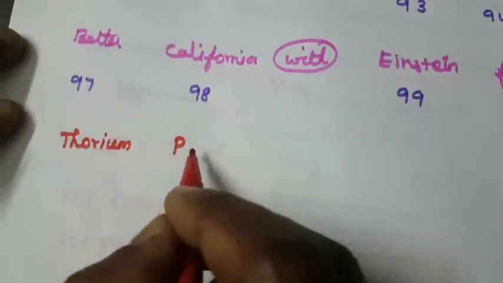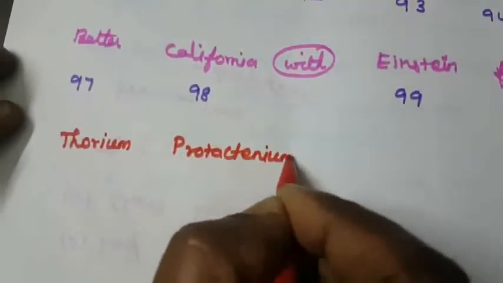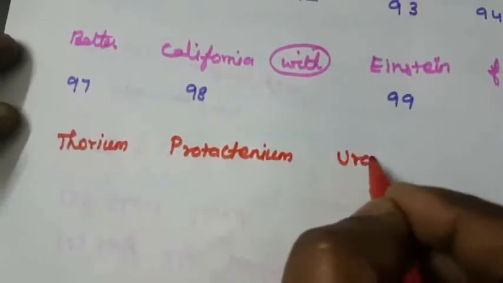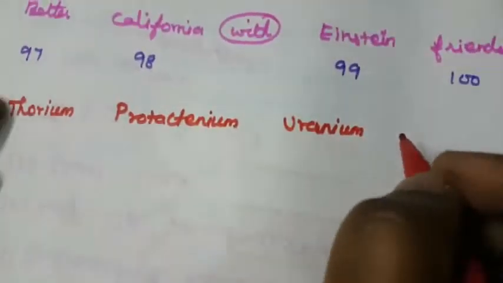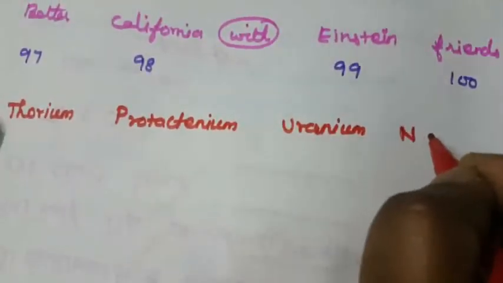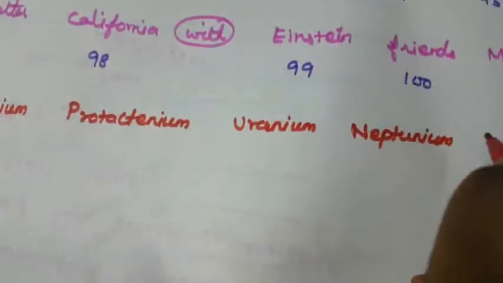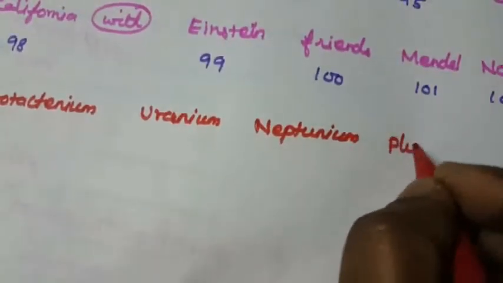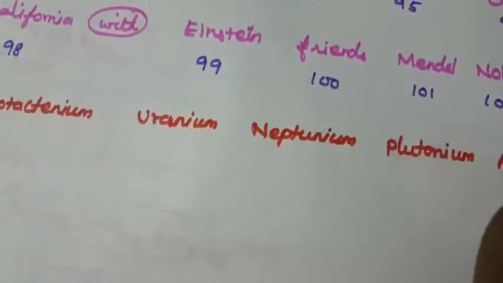Then protected, that is protactinium. Then Uranus, uranium. Then neptunium. Then plutonium. Then americium. Then curium.